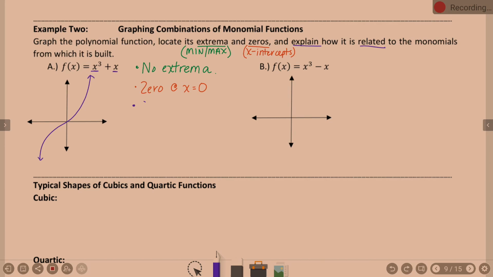So I'm going to say the shape is much like y equals x cubed near the origin.